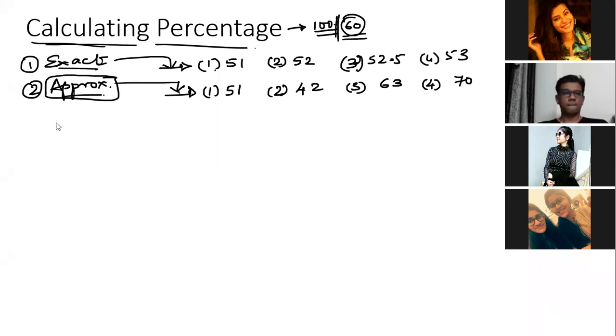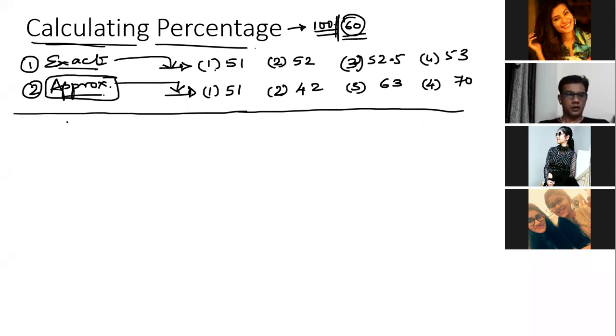Now, let's understand how to solve that. I hope you guys are with me, and I want you to write down along with me, and while I'm talking, listen carefully and then write down.